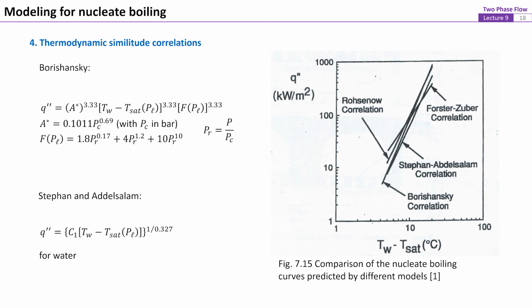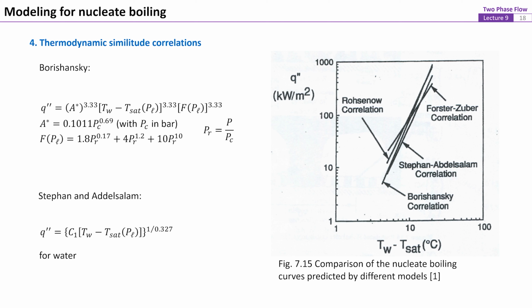This idea is extended to the transport properties in nucleate boiling heat transfer. The heat flux in this case is predicted by relations with non-dimensionalized thermodynamic properties such as reduced pressure. Two correlations of this type are provided here for reference.